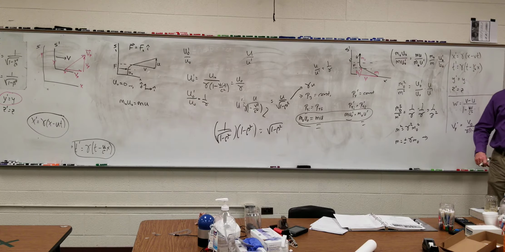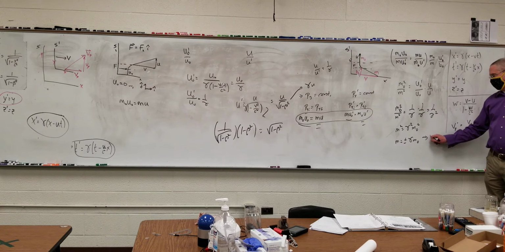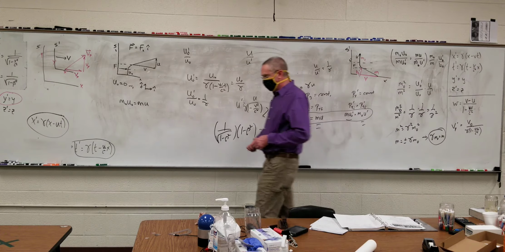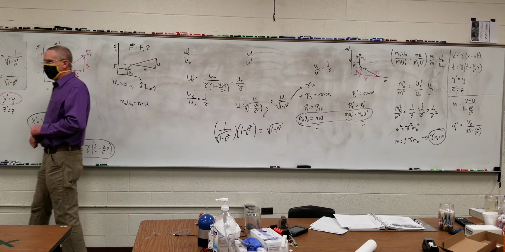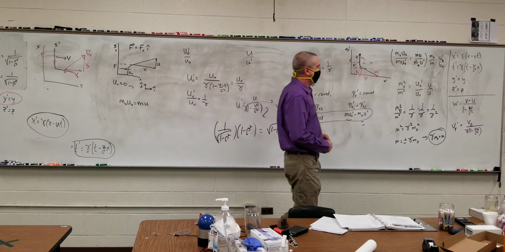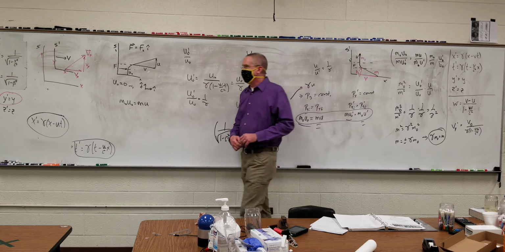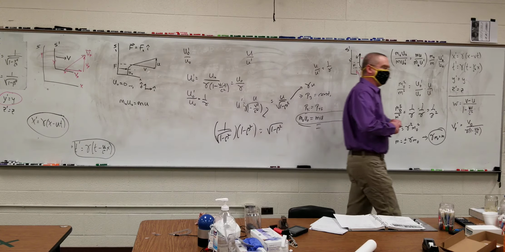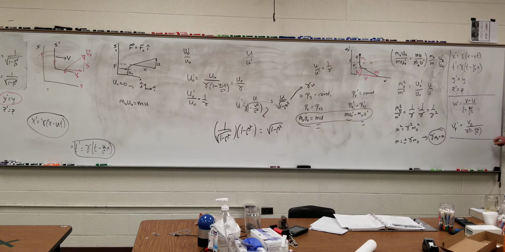Obviously, the negative solution is not really working for us here, and we're left with gamma m sub naught equal to m. This is the relationship that talks about the faster an object goes, the more its mass increases. And that's important enough to write off to the side because we will use that in our last step.